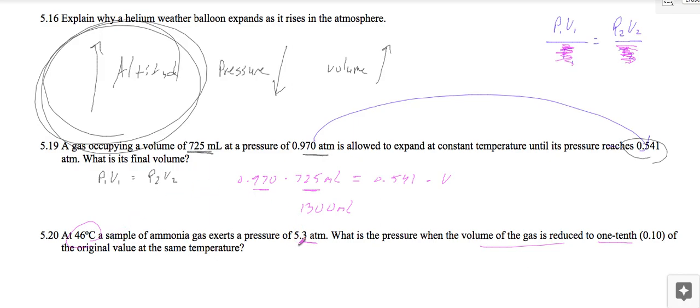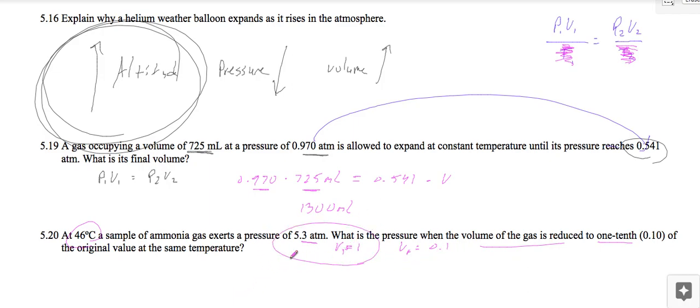We have a pressure at 5.3 and then a volume that isn't listed. But we do know that the secondary volume is 1/10 as large. So all we have to do is say that the initial volume is equal to 1, and the final volume is equal to 0.1. And once we have those two different values, now we have everything that we need.